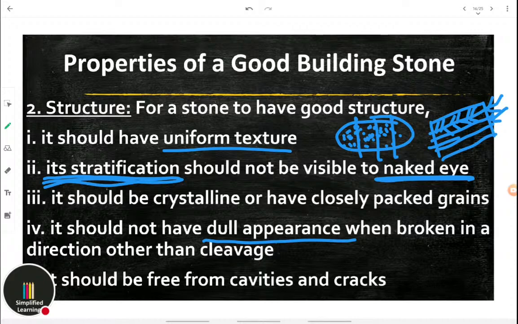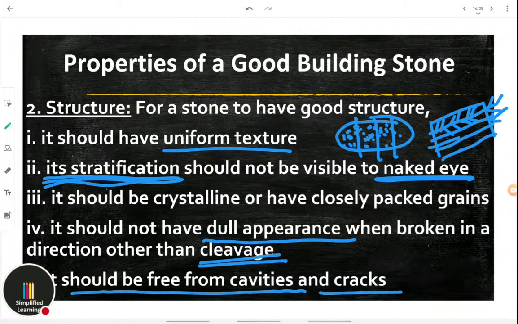The appearance should not be dull when it is broken in a direction other than cleavage. Obviously when you break the stone along its cleavage, it will have a good appearance, but when you break it in a direction other than cleavage, it should have the normal appearance. Then, the important point: it should be free from cavities and cracks.